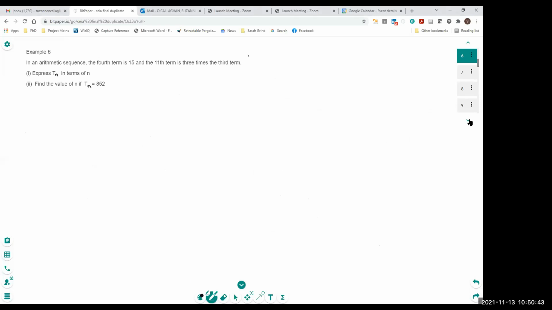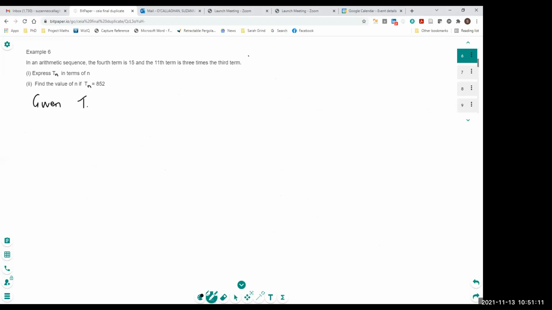So we have a question here on arithmetic sequence. In an arithmetic sequence, the fourth term is 15 and the 11th term is 3 times the third term. Express t of n in terms of n, and then find the value of n if t of n is equal to 852. Okay, so we're given, always write down what you're given.